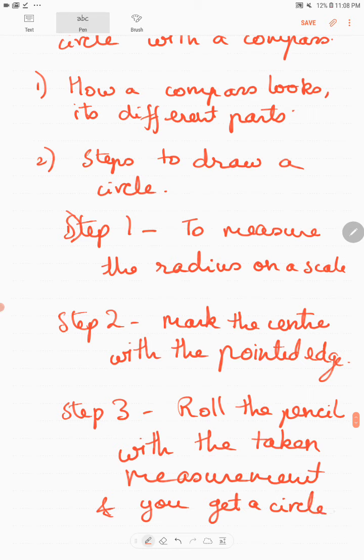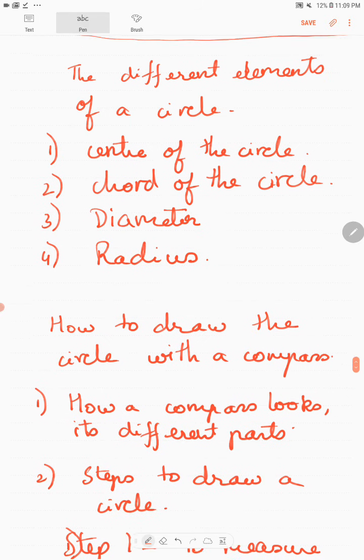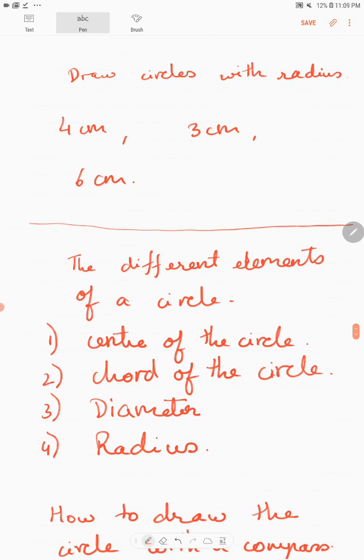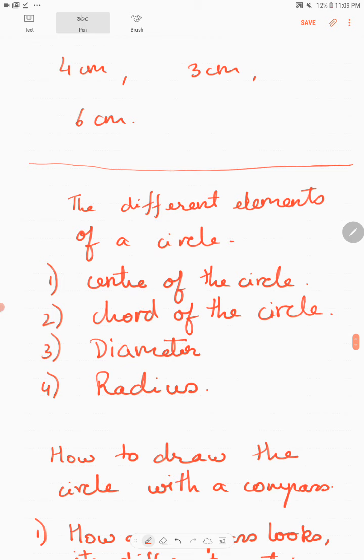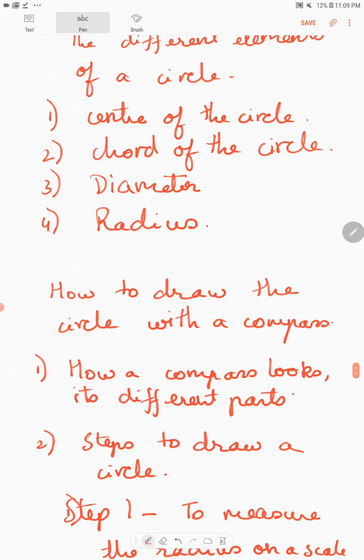So there are 3 steps for drawing a circle. Measure the radius on a scale, mark the center with a pointed edge and roll the pencil with the taken measurement, and you get a circle. So it's a very easy topic. Only two different parts were there, the elements and how to draw a circle.